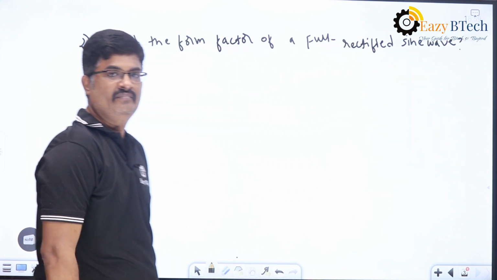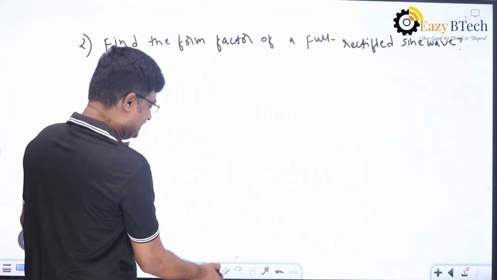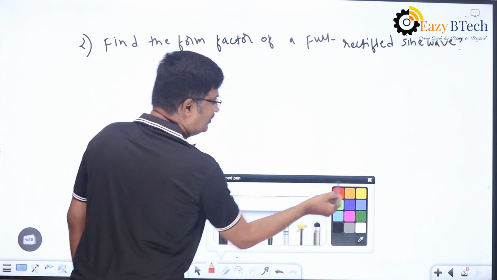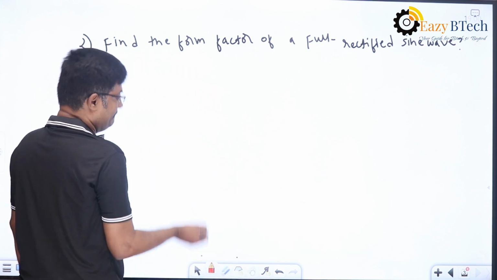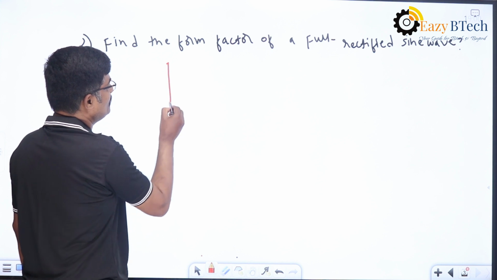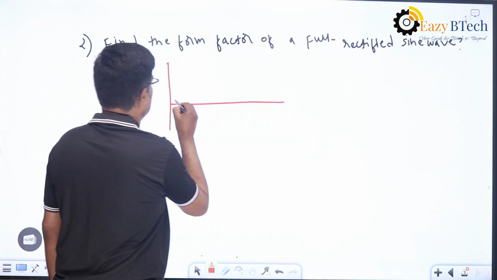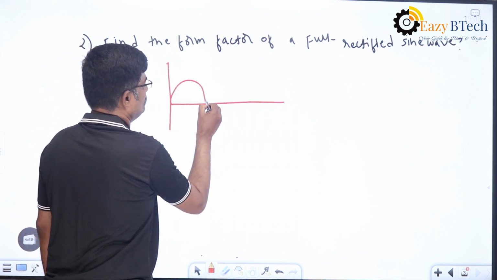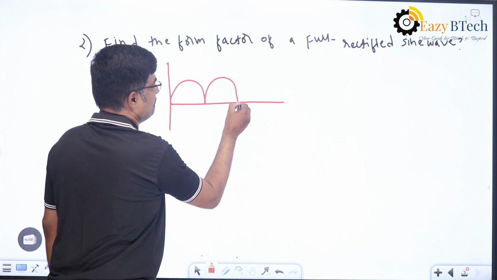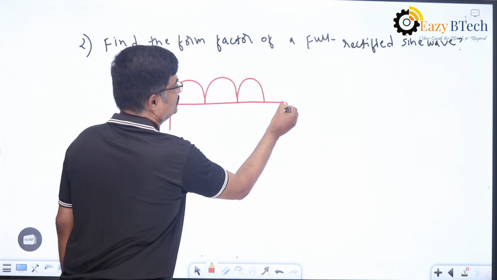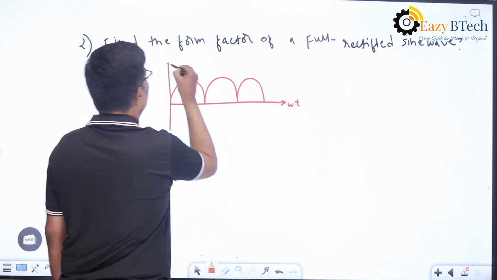Simply he will be giving, so we have to draw our own diagram. So here the full rectified sine wave will be, so this will be the diagram for the full wave rectified sine wave.